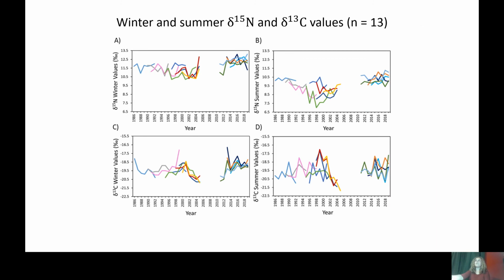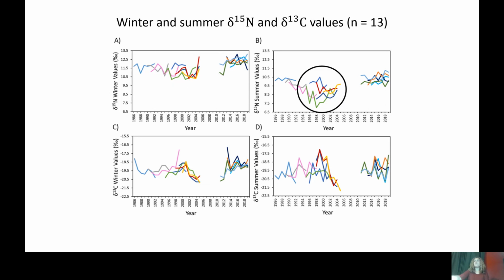So these graphs display the peak and valley data points of each individual over time, where each one of those colors represents one of the 13 individuals. The top 2 graphs are the delta 15N winter and summer values, and the bottom graphs are the delta 13C winter and summer values. The first group of data is the pre-2010 whales, and the second grouping is the post-2010 whales, which tended to have higher isotope ratios.